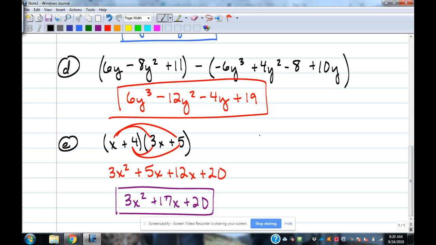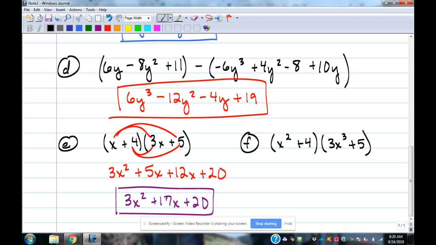Let's get to where we're at. So very similar looking problem. The only difference is we have bigger exponents.